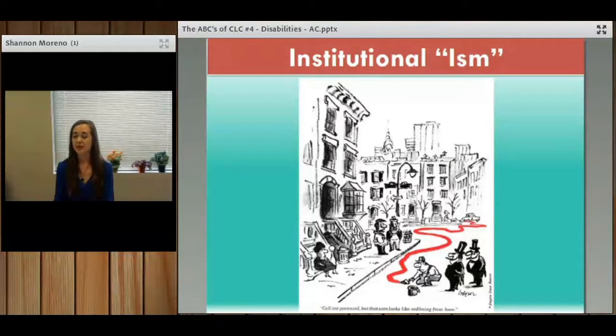So I wanted to readdress that, because these different isms, whether at an individual level or an institutional level, are something important to keep in mind for any population that we're talking about.